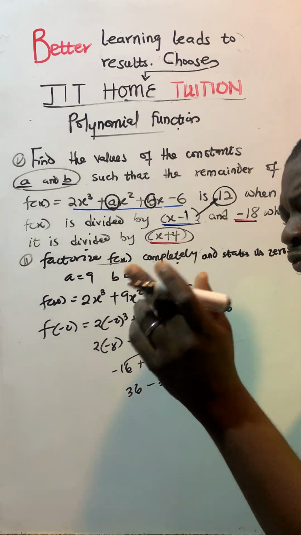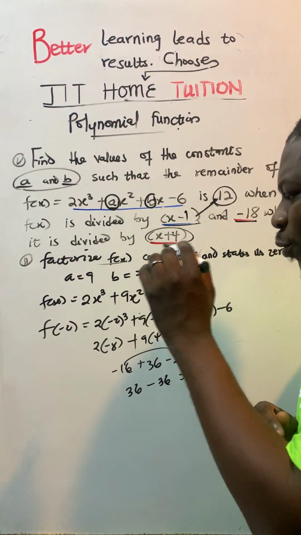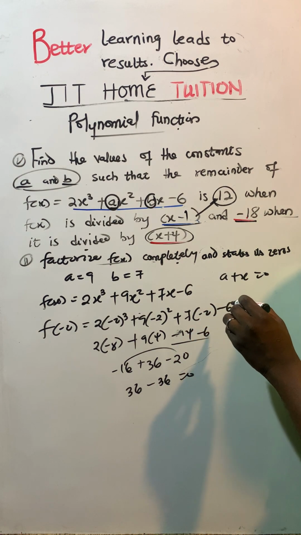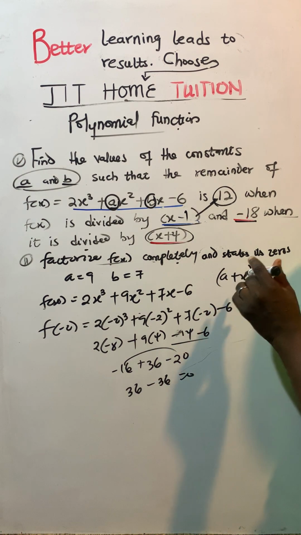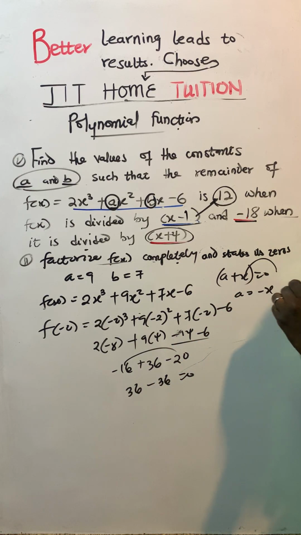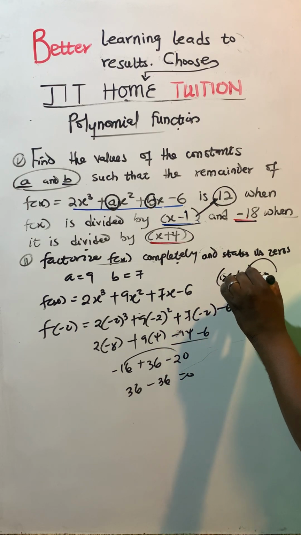Now, if you remember, what I said was that when you have, let's say, a plus x equal to 0, which is the factor, you equate it to 0. If you want the value for a, then this one will move. Sorry, we are looking for x rather, so let's make it x plus a.